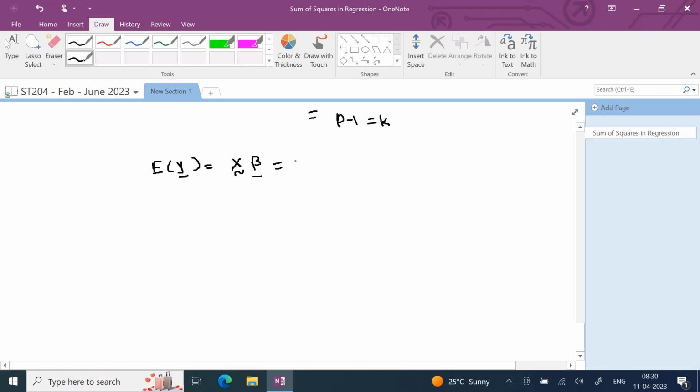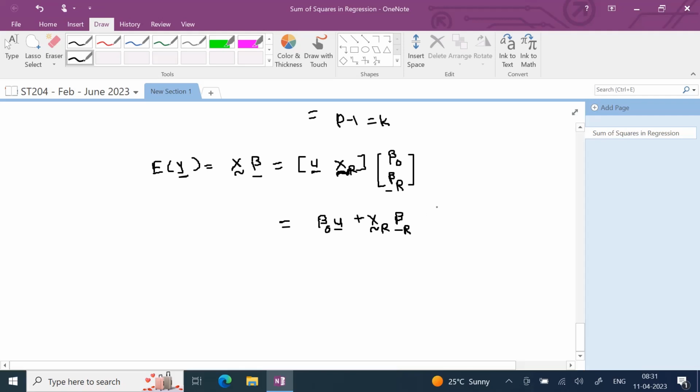So I could write this as X, I will again partition as U vector and the matrix of regressors Xr, and beta I could partition as beta naught into a vector consisting of coefficients for all regressors. So this I could write as beta naught scalar into U vector plus Xr matrix into beta r vector. Okay. Again, we are using the theory of partition matrices.